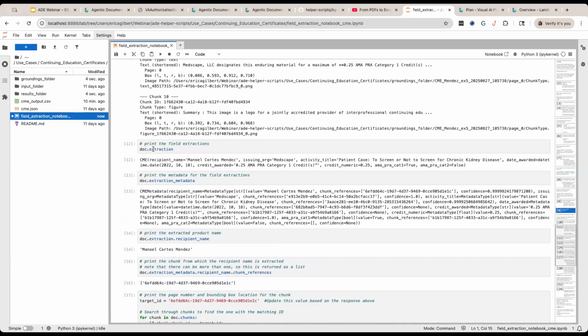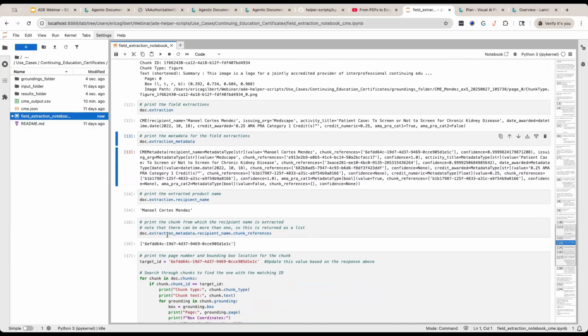And then just to show the extracted field items, now we see the more reduced values of the name, Manuel here, the issuing organization, which is Medscape, and the title and the category, etc. We're just sort of making sure we're parsing everything correctly before we then add those values into our CSV. So I see that information here. There's different chunk references available as part of each. So I'm printing that extracted recipient name and then what that chunk reference actually is.